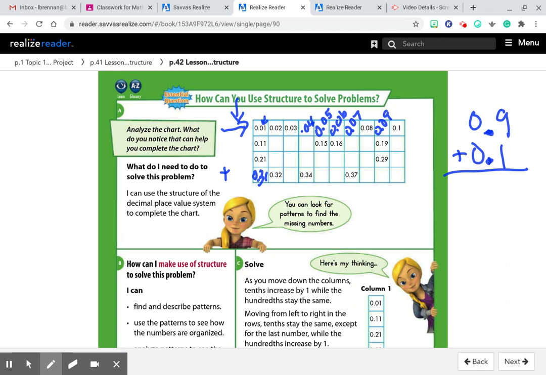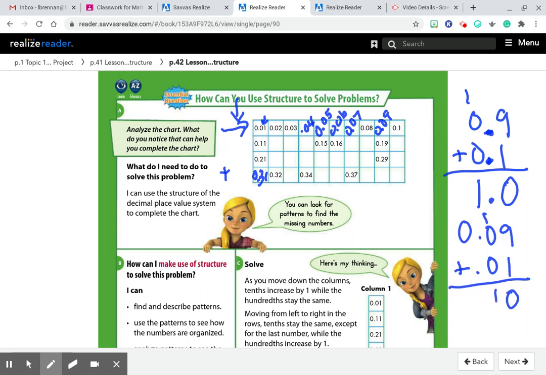So 9 tenths plus 1 tenth, 9 plus 1 is 10, carry the 1. 1 plus 0 plus 0 is 1. So 9 tenths plus 1 tenth is 1 whole. In this case, we have 9 hundredths. We're increasing by 1 hundredth. 9 plus 1 is 10.